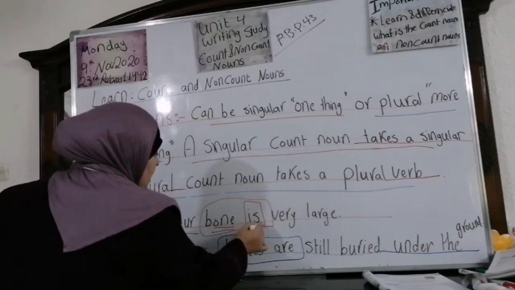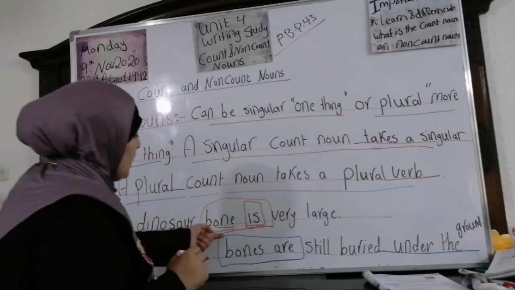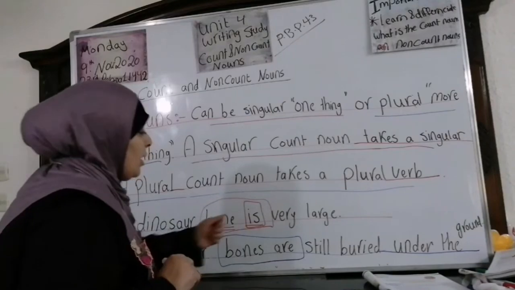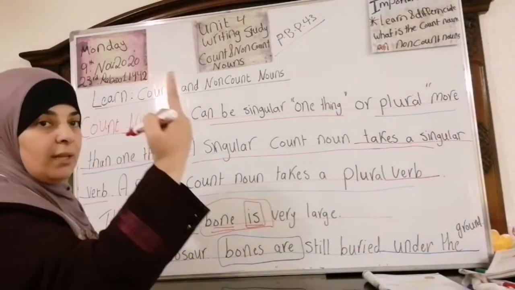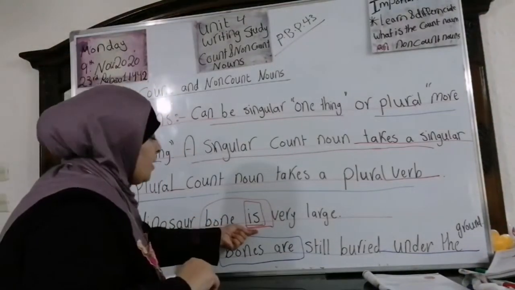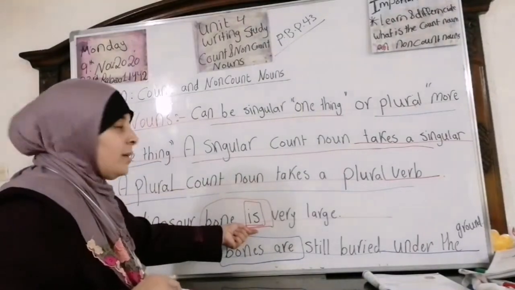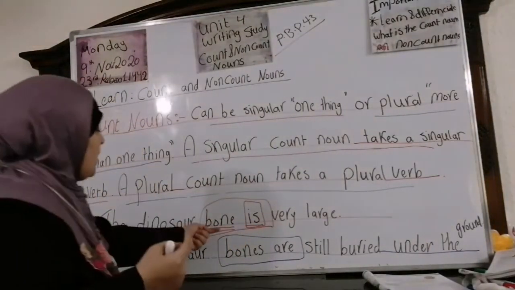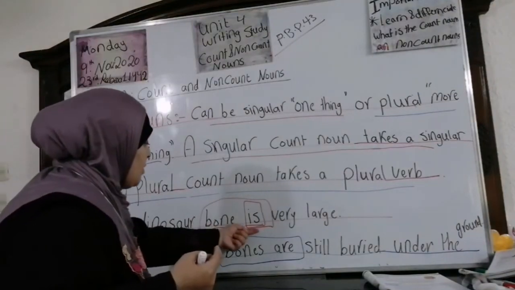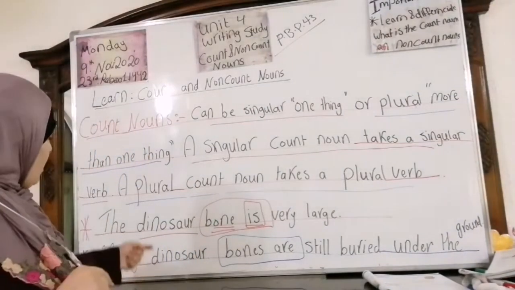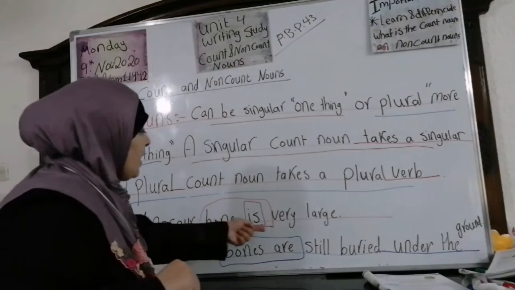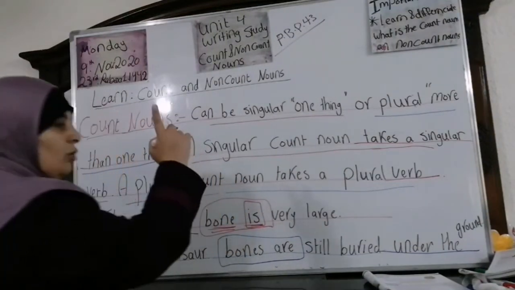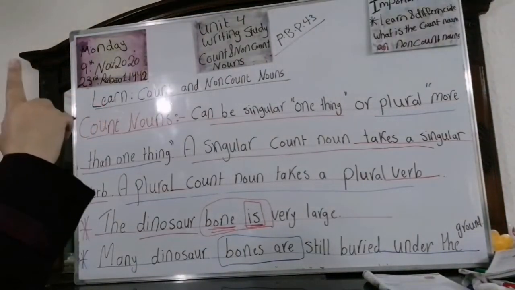It's is, because the bone is singular. So we put the verb also singular, is. Deal? The dinosaur bone is very large. We put is because bone is singular. One bone. مفرد يعني. Okay?